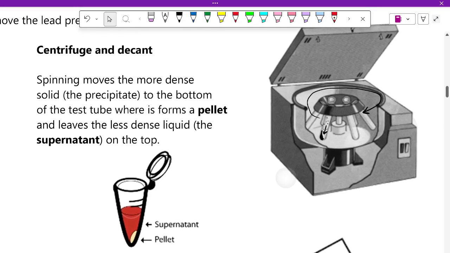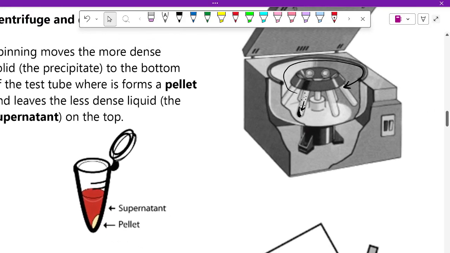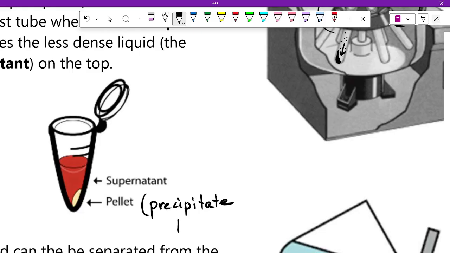What that would look like, I couldn't find a picture of one in a test tube, so we got one in this little, I don't know what you call that. A cuvette? No, not a cuvette. Vial? I don't know. Anyway, same principle. We end up with the pellet at the bottom. The pellet is the precipitate. In our case, that would be our PBS.